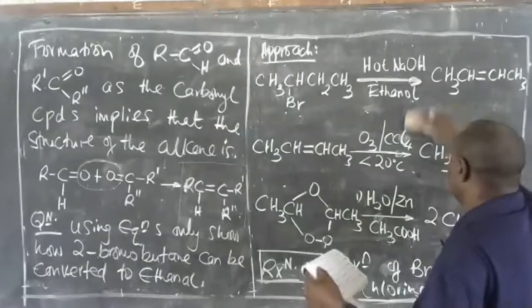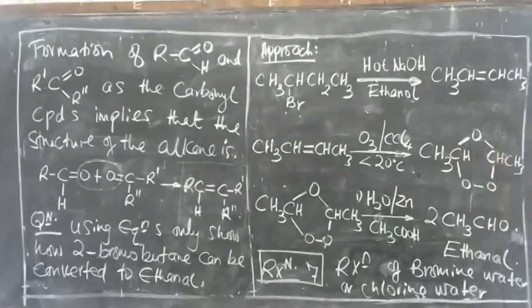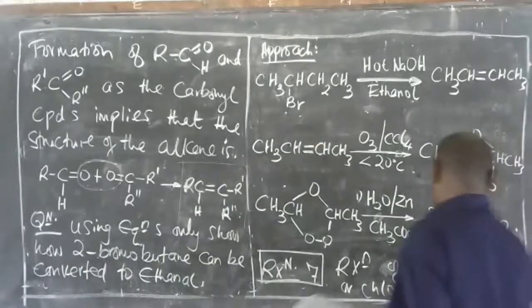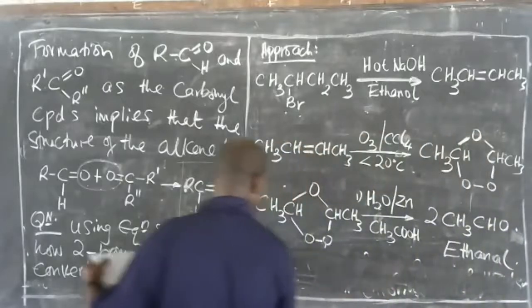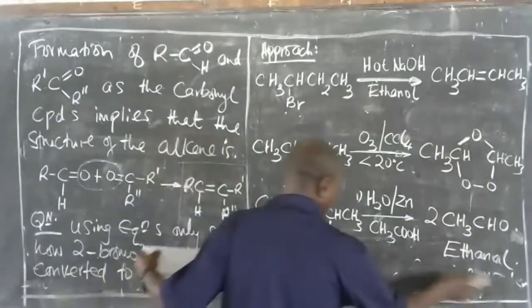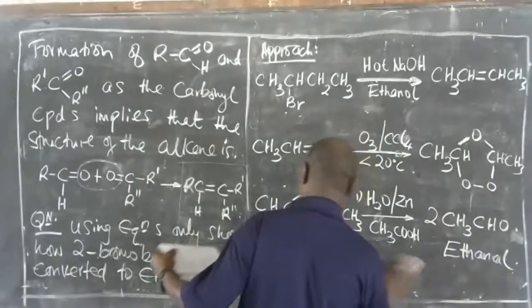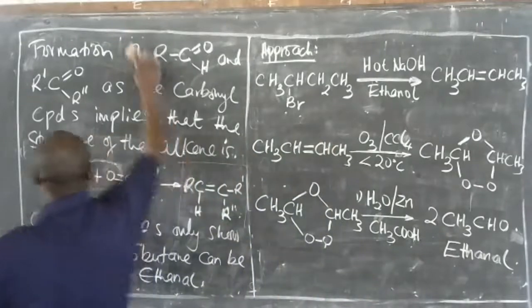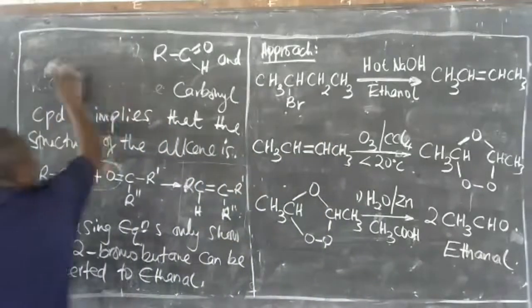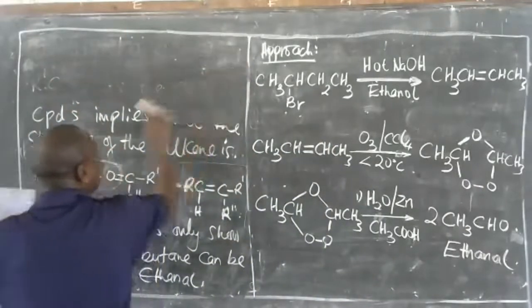But I wanted us to practice what I have been looking at. So reaction 7 will be the reaction of bromine water or chlorine water with alkenes. We are going to have a break and then another teacher will be coming in.